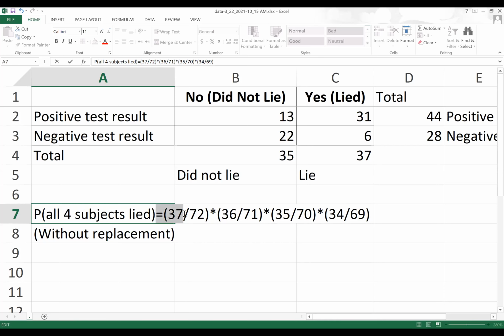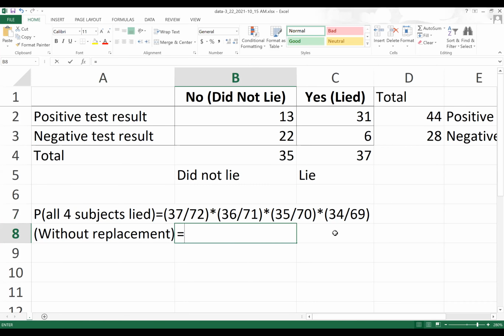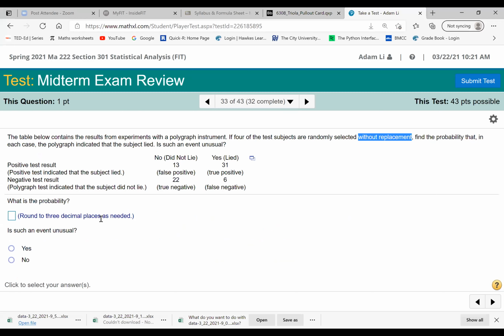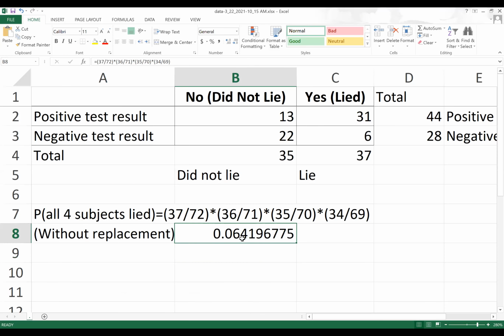I will use Excel to do the calculation here. So this result turned out to be 0.064142. And see how many decimals they want. They want it rounded to 3 decimal places. So we go back to the Excel sheet and round to 3 decimals, so it's 0.064. So this should be the answer.